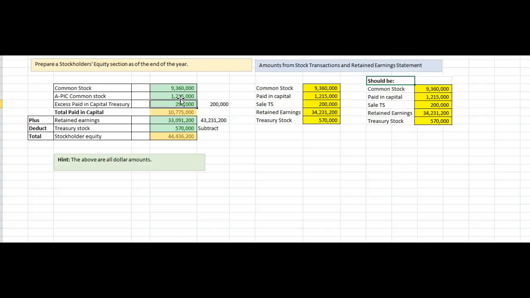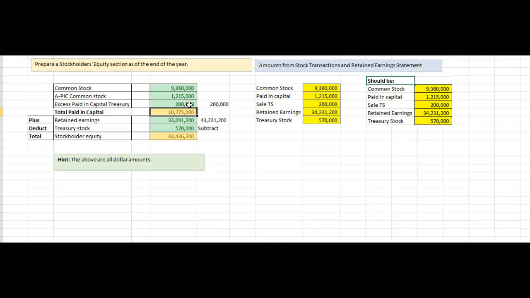And you had excess paid-in capital of 200,000 from over here on this side. These are the amounts that you should be using. Oh my goodness, my numbers are off. Hold on.